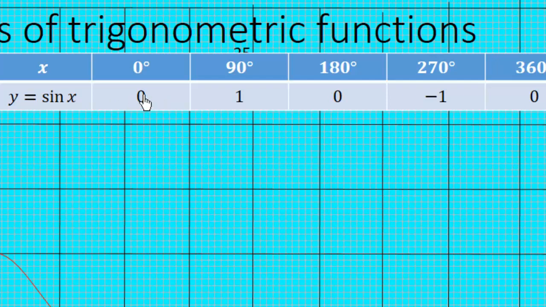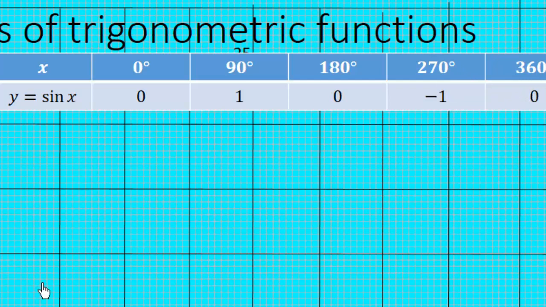To find the value of y, we plug in the value of x. We can use a calculator to verify that. Sine 0 gives us 0. Sine 90 is 1. Sine 180 is 0. Sine 270 is -1, and sine 360 is 0. I hope you're getting it.